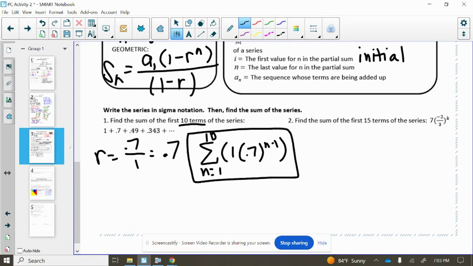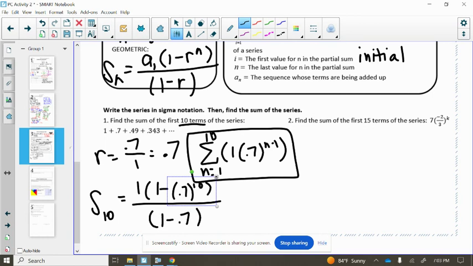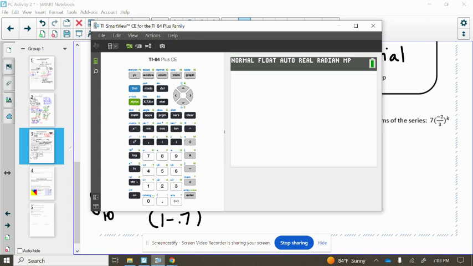And if we want to then add up our first 10 terms, we're going to take S sub 10, 1 times 1 minus our r value of 0.7 to the 10th power, all divided by 1 minus that r value of 0.7. So we type this in the calculator.